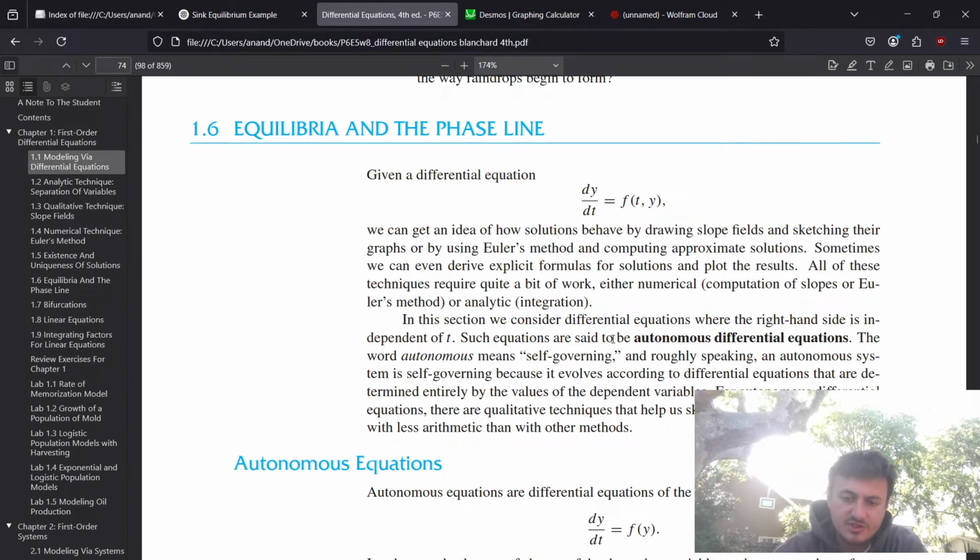Okay, so this builds on what we saw earlier, which is that if you have an autonomous differential equation, it doesn't depend on t, it only depends on y. That means that you can translate the solutions left and right, and it's going to be identical pretty much.